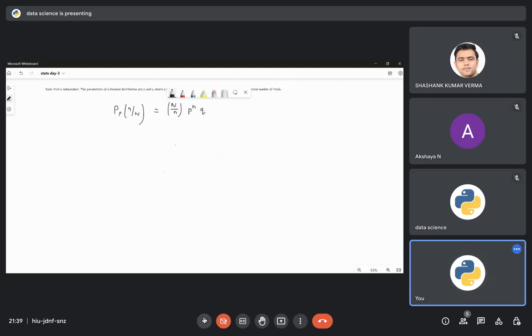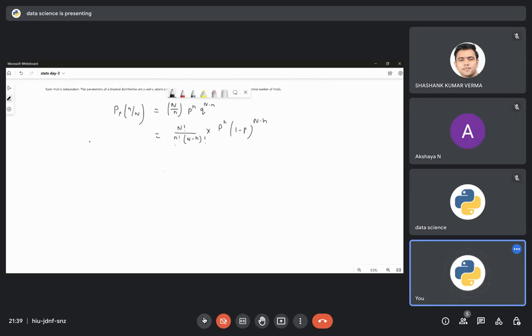If I write this in a different format, it is equal to N factorial divided by small n factorial and capital N minus small n factorial, times P to the power n, times 1 minus P to the power N minus n.